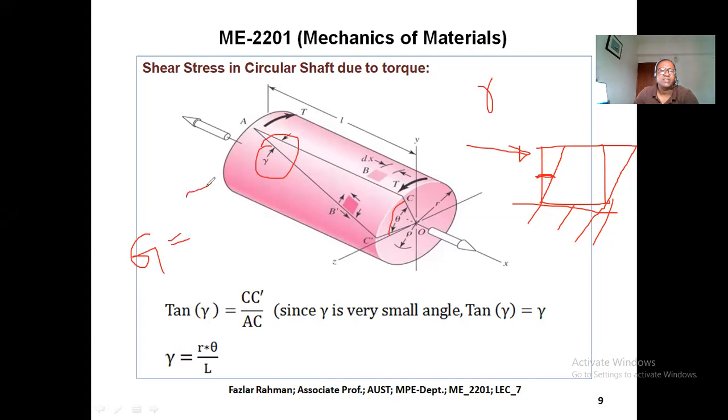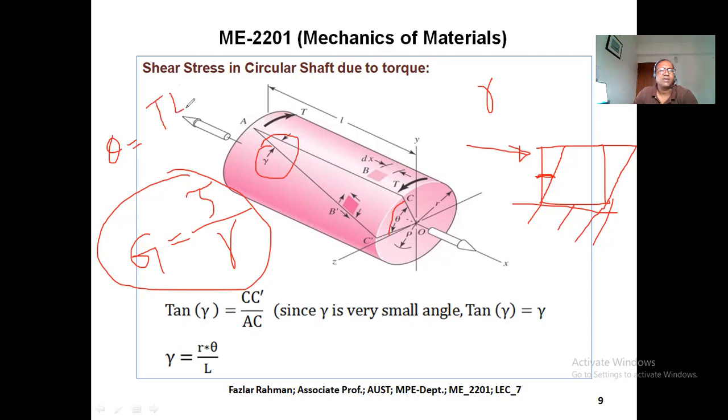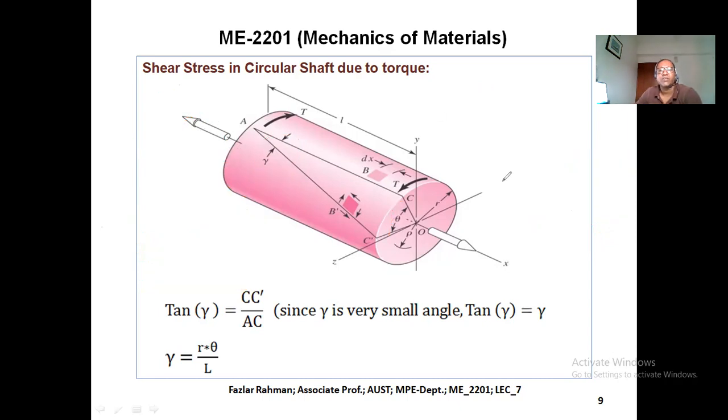Shear stress tau divided by shear strain is called modulus of rigidity. By using this relationship, next time we'll figure out a formula to find theta. That means the theta formula will come like TL divided by GJ. Anyway, we'll discuss later on, then it will be more clear.